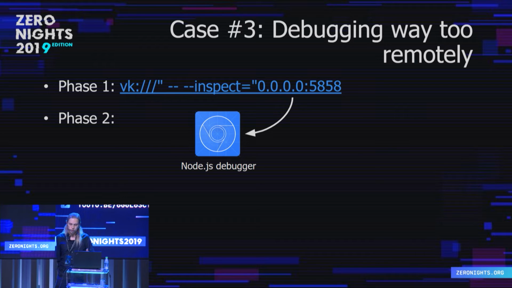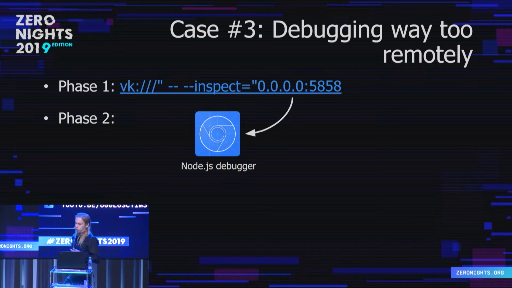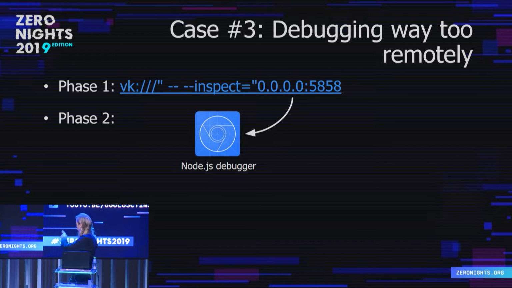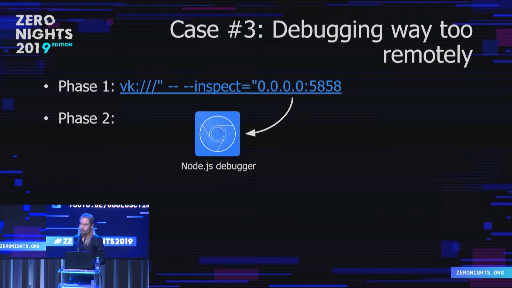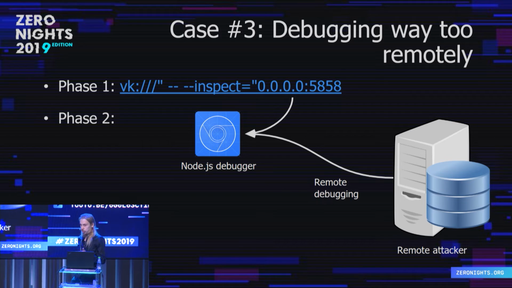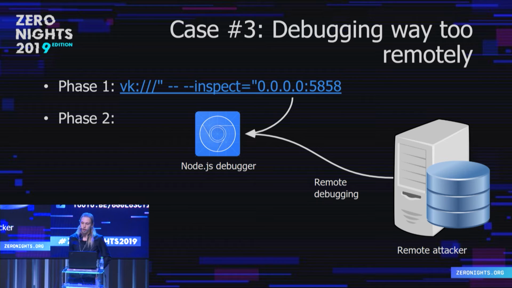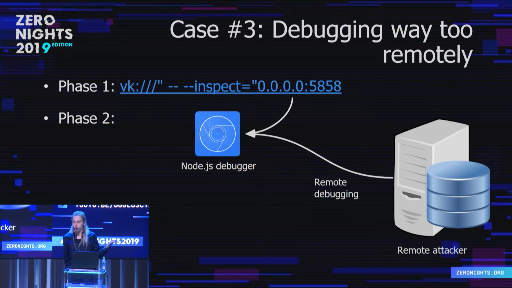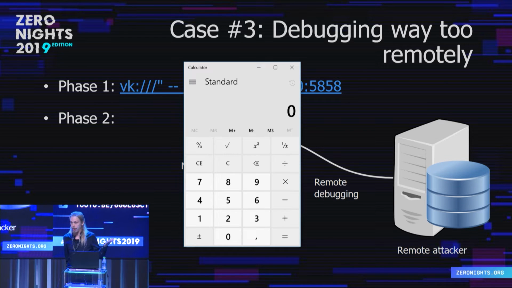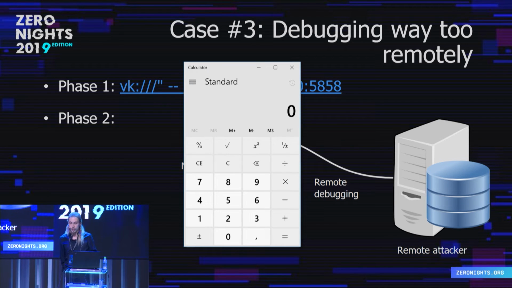So that starts listening on TCP port 5858, which comes from the command line, and just waiting for connections to arrive. The attacker, who has a remote machine, connects to the IP address of the victim and uses the Chrome DevTools protocol to launch an arbitrary command. It's just that simple.